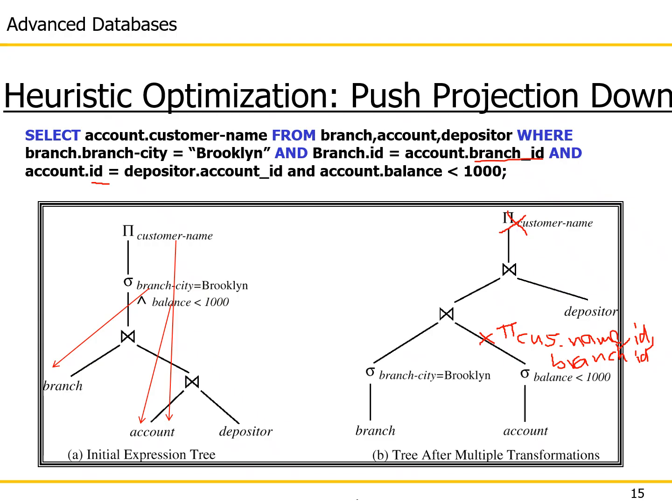For example, from branch, I only need branch.id and branch.branchCity. I don't need anything else. So there's no need to actually propagate the rest. And this follows generally for all queries, that if there is any opportunity that I push projections down, then we should do that, just like we pushed selections down.